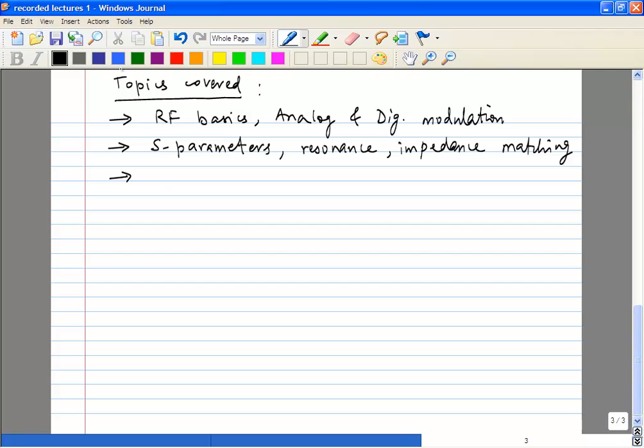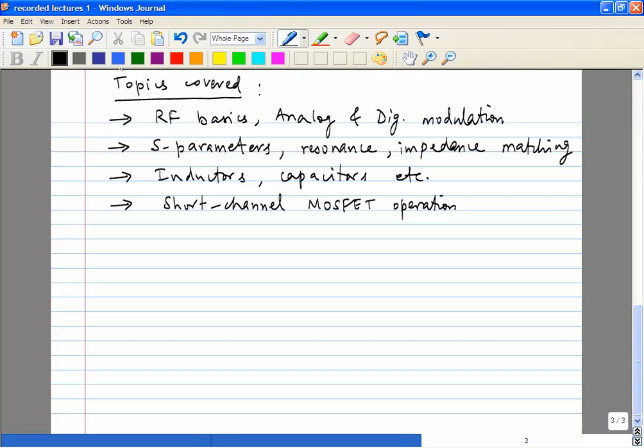After that we'll look at what kind of inductors, capacitors and other passive circuits are available for use with integrated RF circuits. We'll have a quick introduction to short channel MOSFET operation and behavior.